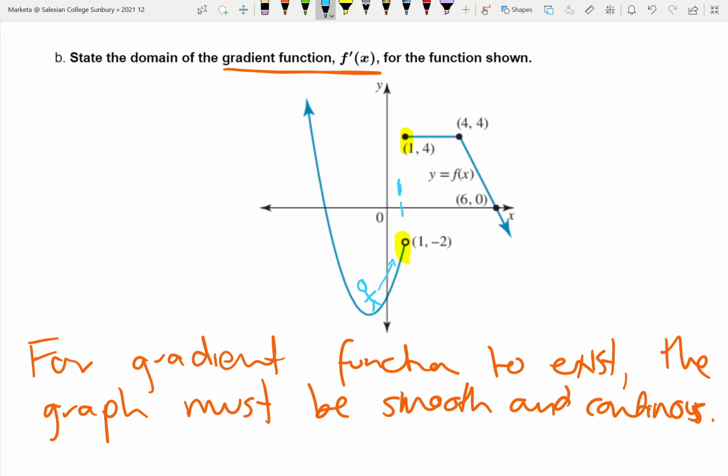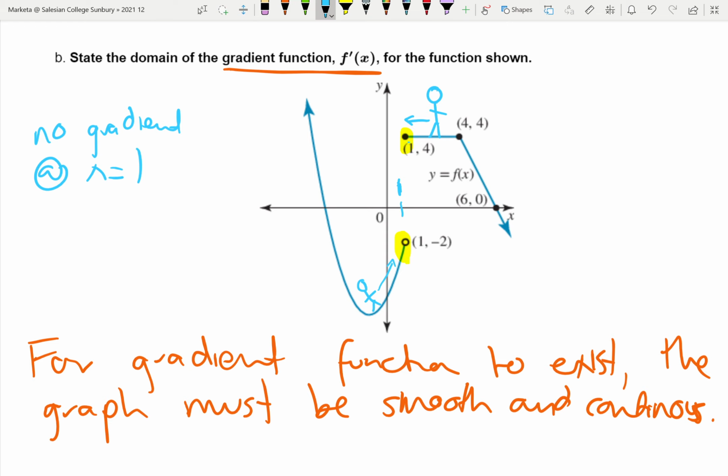It goes to 1. So you have something that's unexpected there. Same thing when you're walking this way. Well, yeah, you do get to 1, and when you get to x equals 1, y is 4, yes, but then you're going to fall off the end there. So this is not smooth and continuous. So we can say there's no gradient at x equals 1. So that's the first bit.